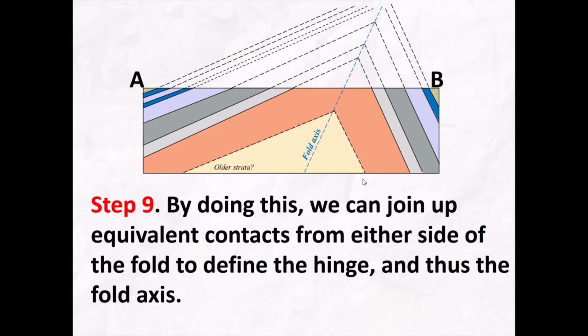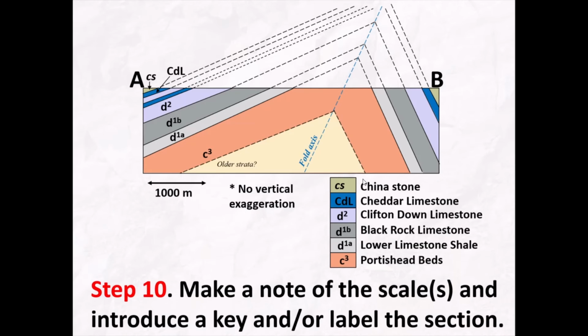So we can see that this fold isn't completely upright. It's got some level of tilt to it. And then I can finish off by showing my scale and my key so that you can understand what's going on in the subsurface.